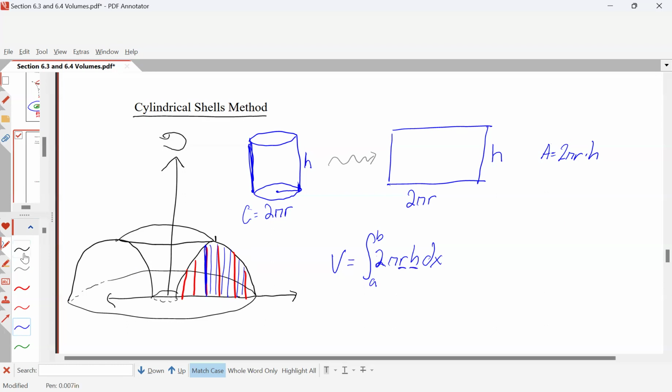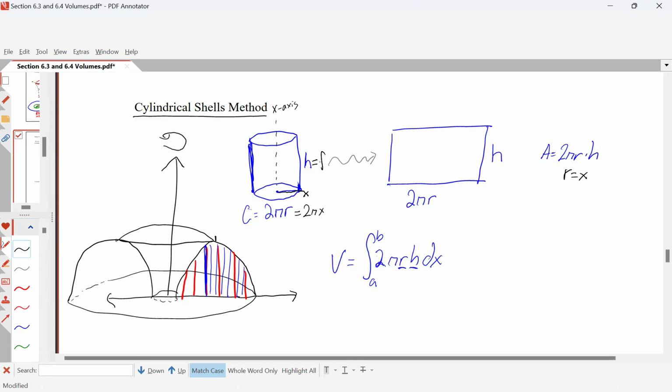Now remember, this is coming back from a cylinder that's based around the y-axis. So r is however far out from the axis I am, or another way of figuring out where I am from the axis is the x-coordinate. So r is x. And the height of this was defined by a function.